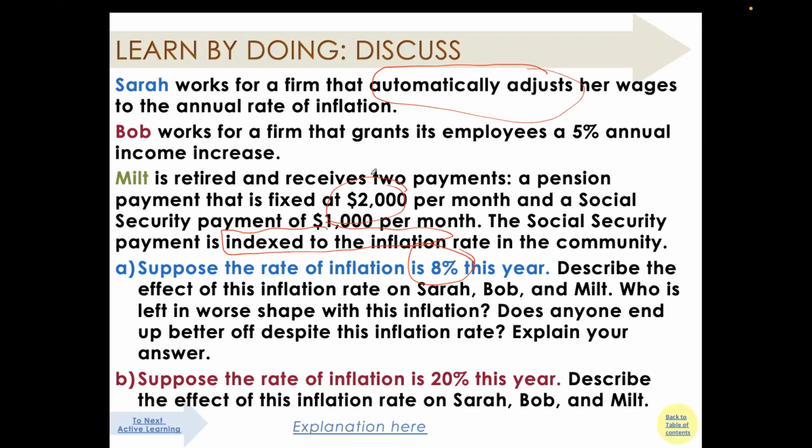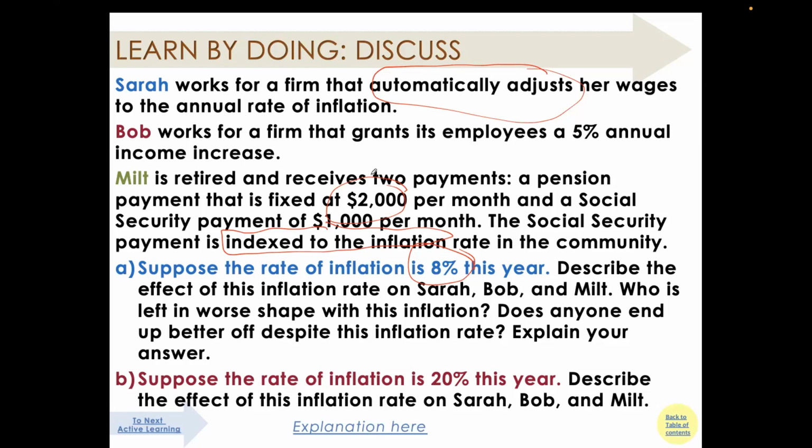In my case, I probably fall into Bob, but we would be unlucky compared to Bob because the University of Nebraska only raises our salary between 1% and 2% per year. And some firms are like Sarah's, like my wife's company, probably like that, or even better. And then you may have grandparents who are retired and are probably going to fall into the category of Milt. This is number one.